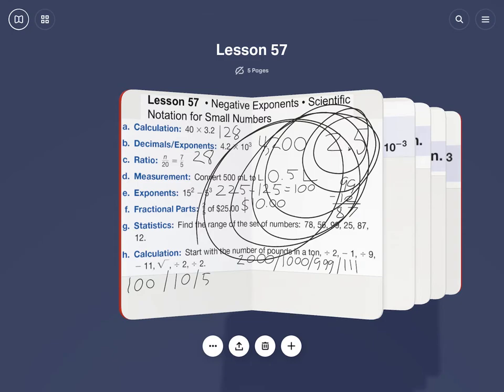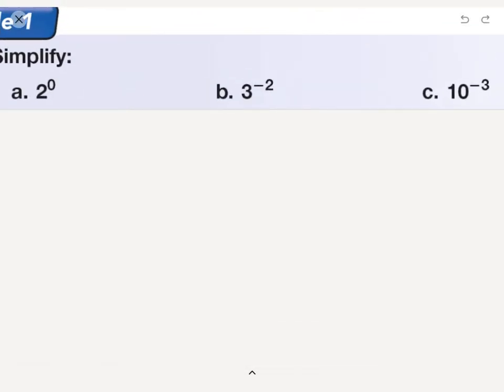All right, so lesson 57. The first thing is rules about exponents. Who knows what the rule for a zero exponent is?